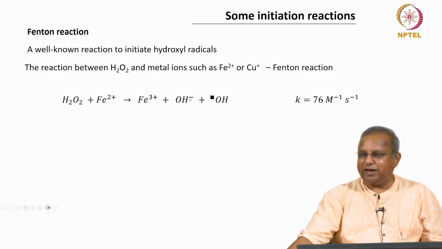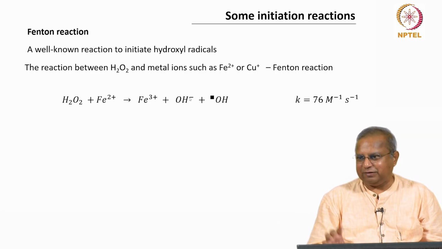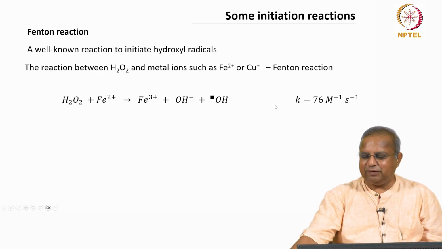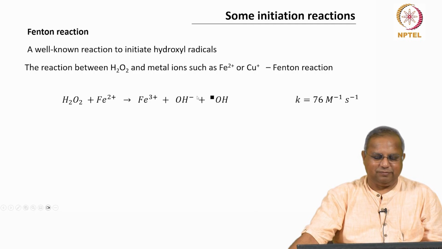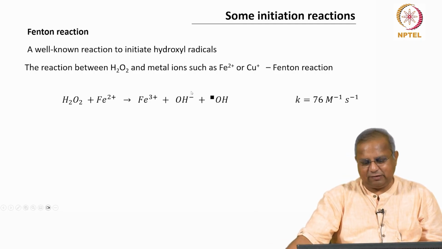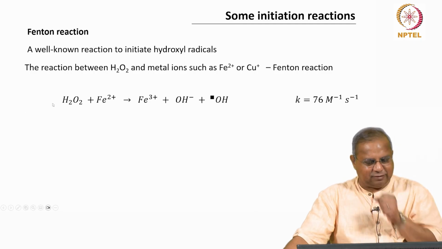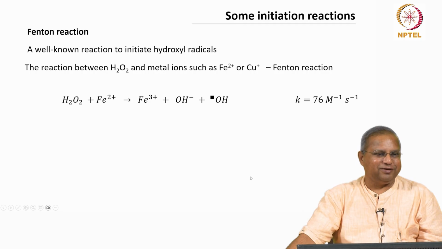This is one main reason why we cannot really define reactive species as highly reactive. Okay, the speed is very low. Okay, 76 per molar per second is not much at all. Okay. But it's a very important reaction. It's considered there's a hydrogen peroxide here, there's a hydroxyl radical here. What more do you want to call it a reactive species?